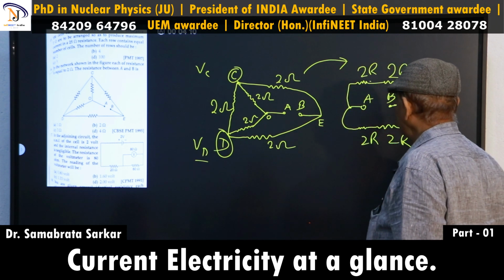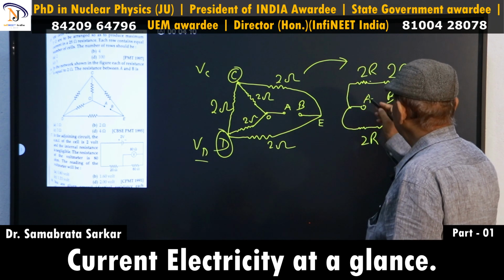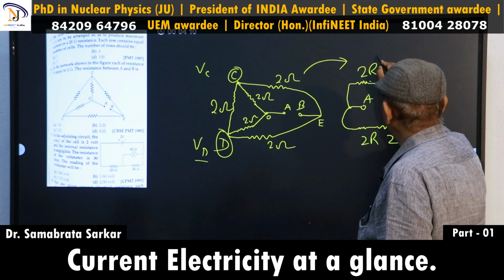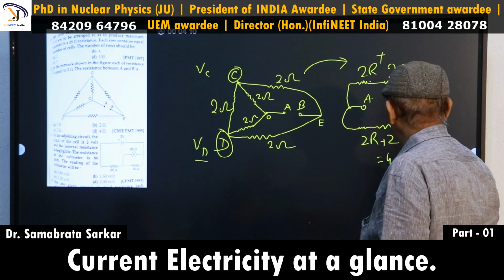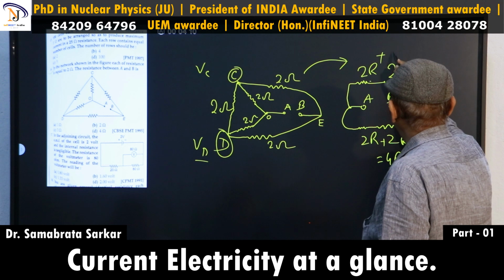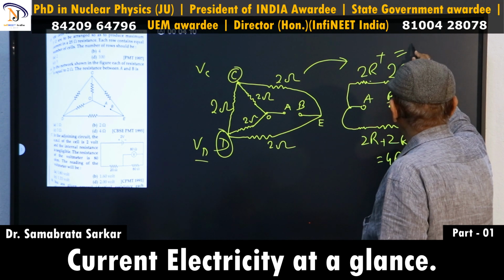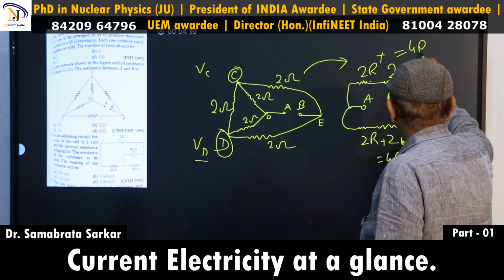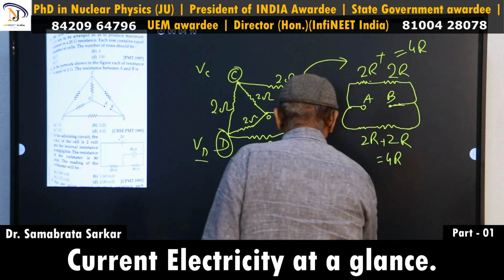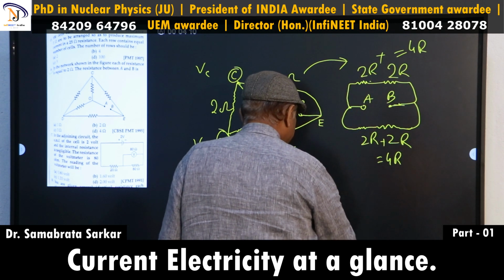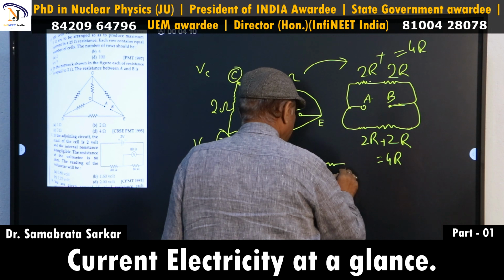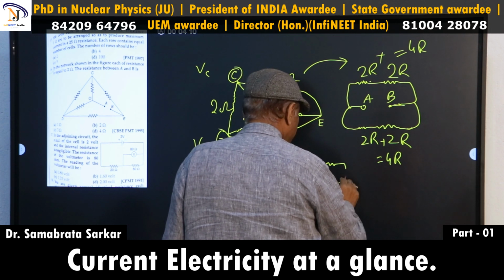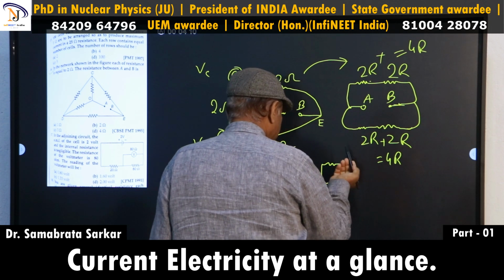Now how can I find it? These 2R and 2R means 2R plus 2R, that is 4R, and the other is also 4R. So another equivalent circuit is like this. If this is 4R and this is also 4R, then what will be the result?